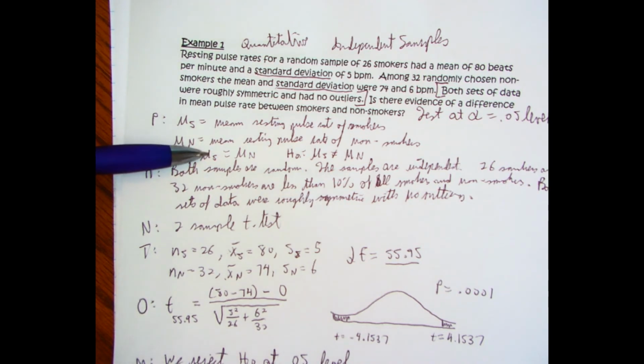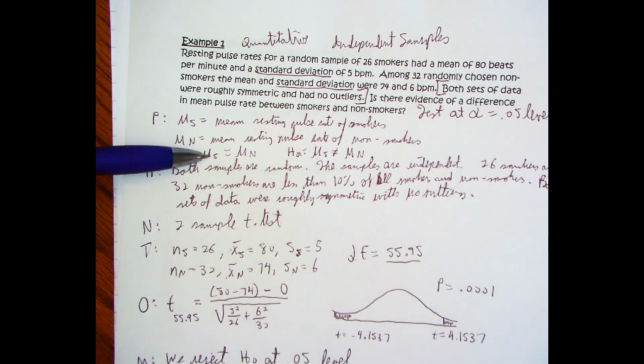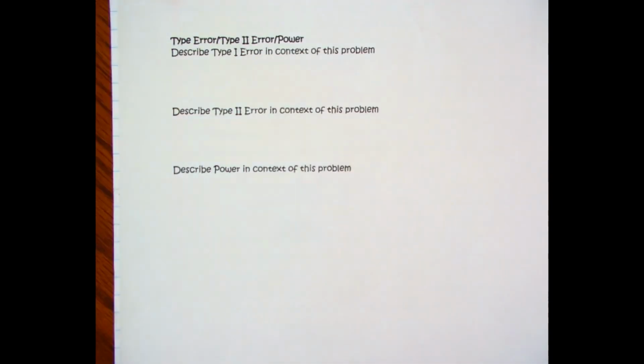All right. So type 1 error, type 2 error, and power. Okay. So let's go to our hypotheses. So if the null hypothesis is true, then there is no difference in the resting pulse rate of smokers and non-smokers. Okay, so that would be a type 1 error type situation. So the reality is there is no difference. The null hypothesis is true. So what would a type 1 error be?